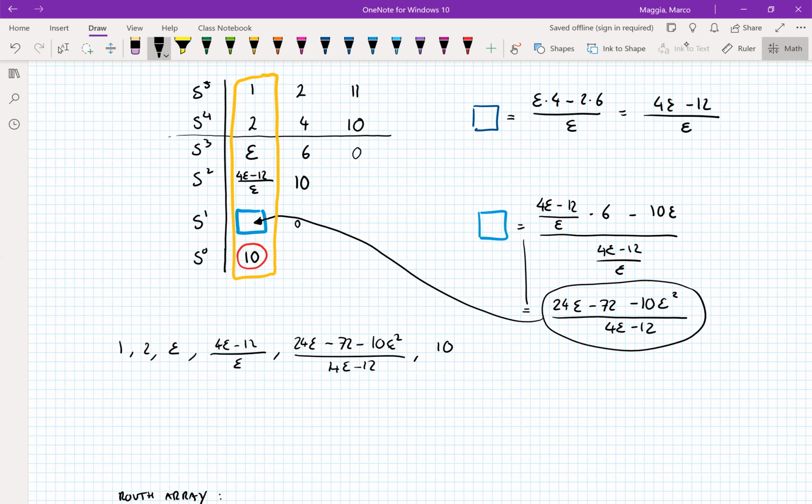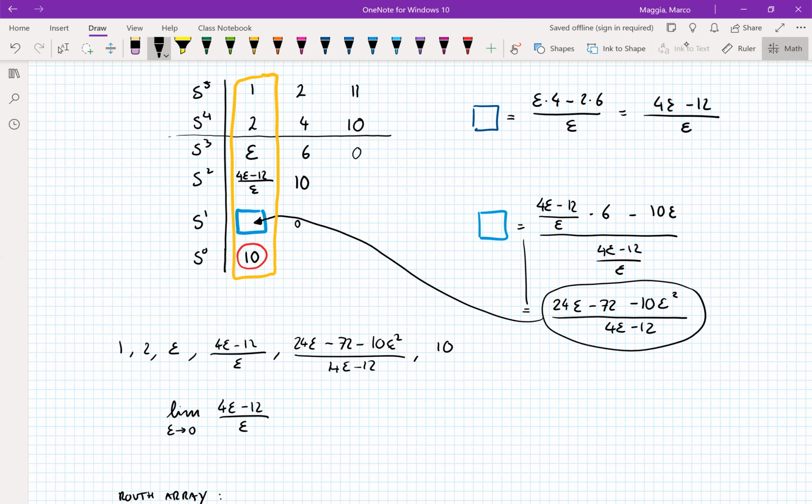All right, now we have to take a look at the sign of these coefficients. It's obviously not straightforward. So what we have to do is remember, epsilon is a very small number that technically should be 0, but we're going to take the limit of the coefficients with epsilon in it for epsilon that goes to 0.